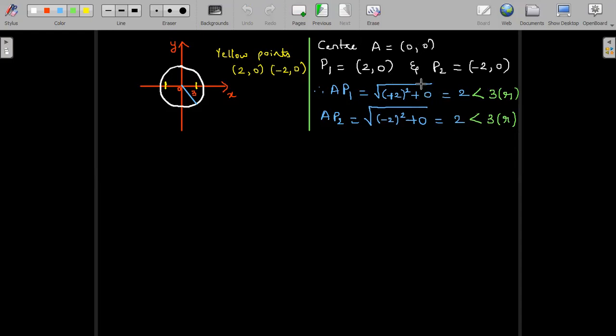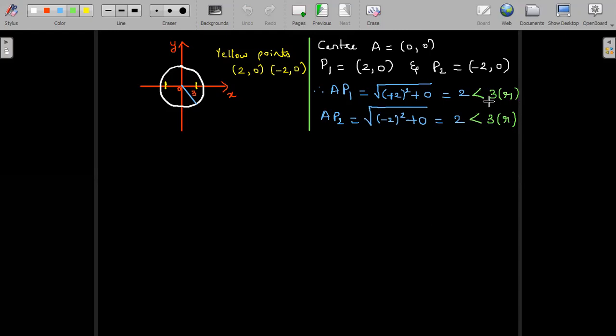I assume the center A = (0, 0) as (x1, y1), and the point P1 = (2, 0) as (x2, y2). Applying the distance formula under the root gives us 2. And we observe this is less than 3, the radius r.